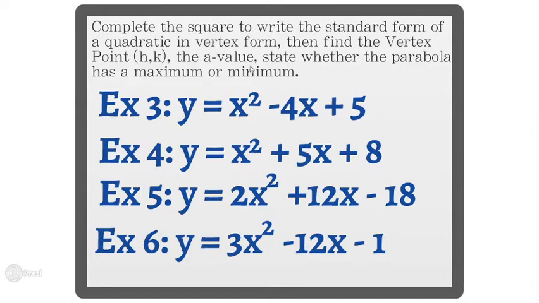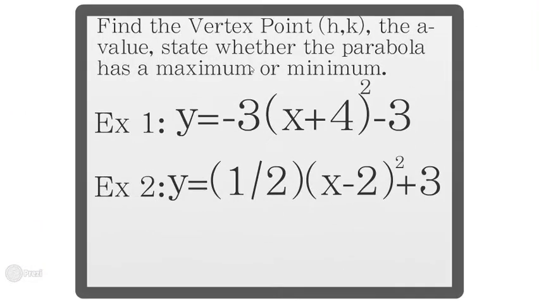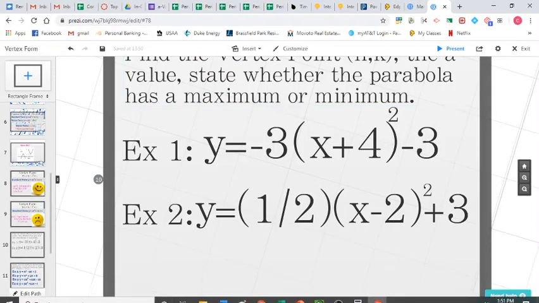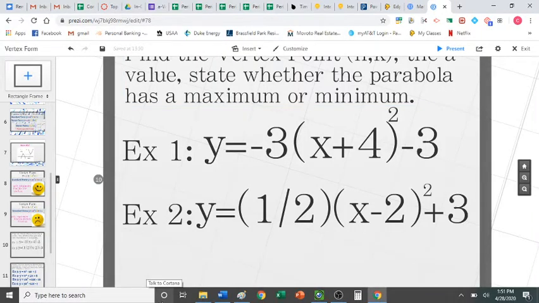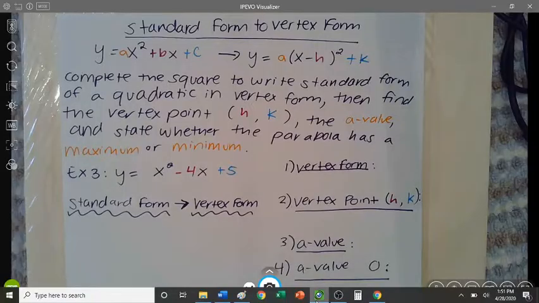And from there, we can draw a rough sketch of the graph. So after we complete the square and get this into vertex form, it's going to be a lot like examples 1 and 2. Okay, before we get too far along, why don't we get started on example 3? I'm already super pumped up, so let's go.